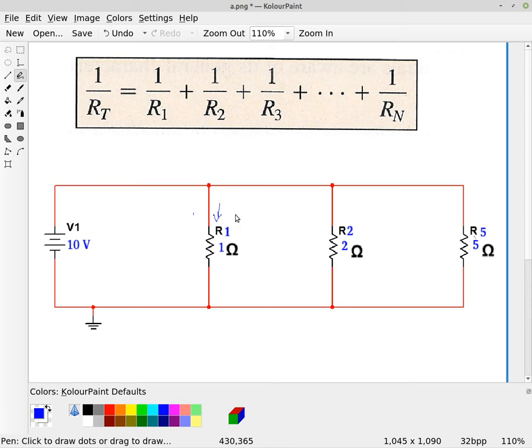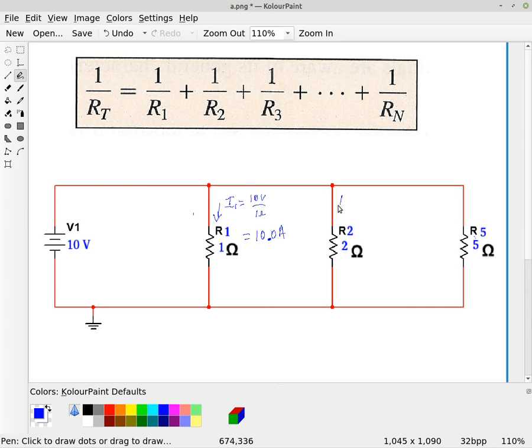I1 through the resistor R1, which is going to be our 10 volts divided by the resistance of R1, which is simply 1 ohm. So the current therefore is going to be 10 amperes. Remember, in Blackboard we need 3 significant digits, so it'd be 10.0 amperes.